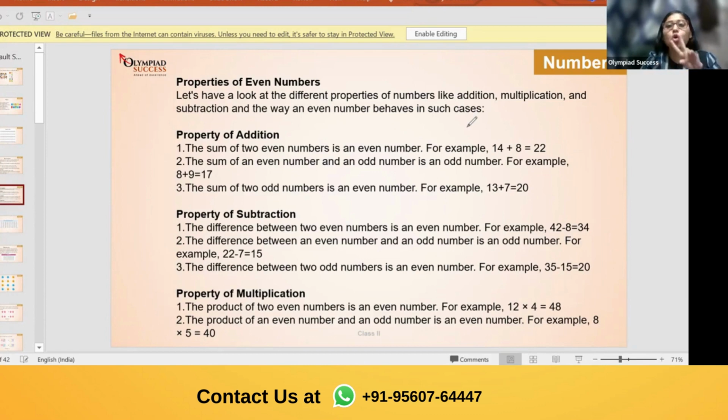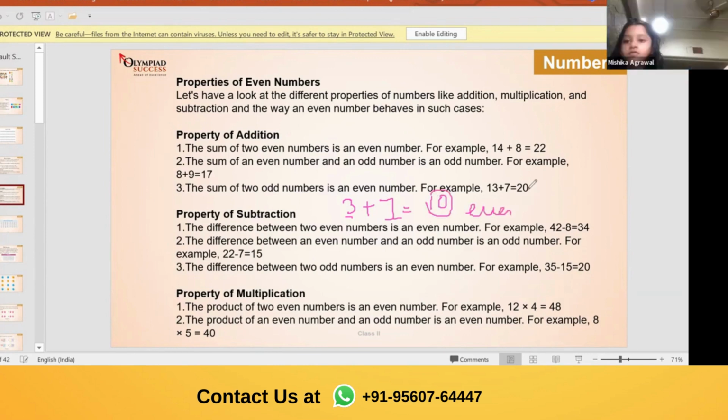If we add two odd numbers, for example, 9 plus 7, will the answer be even or odd? Even. Yeah, even. Good. For example, 3 plus 7. 3 is odd and 7 is also an odd number. When we add them, we will get 10, and 10 is even. Is it easy? Yes. Great.